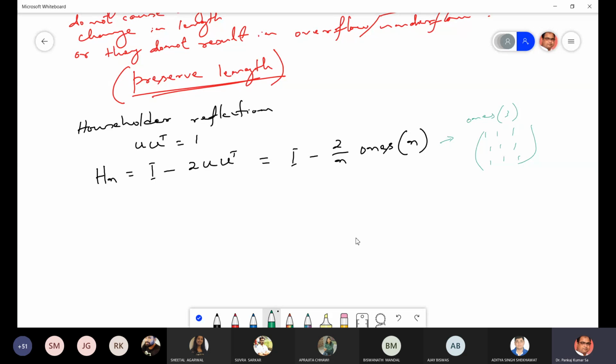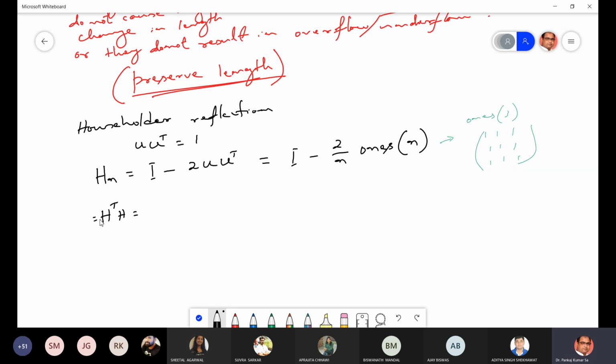So let us see one example. What is H transpose H?